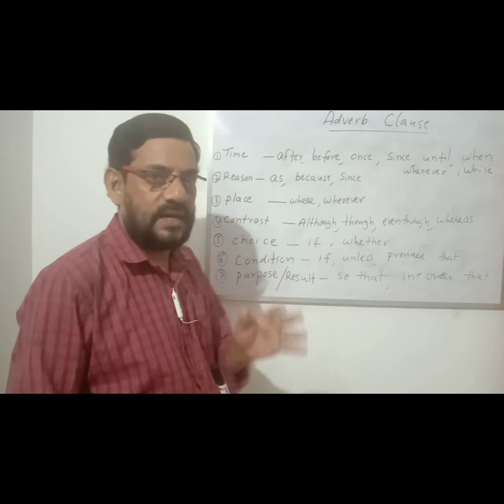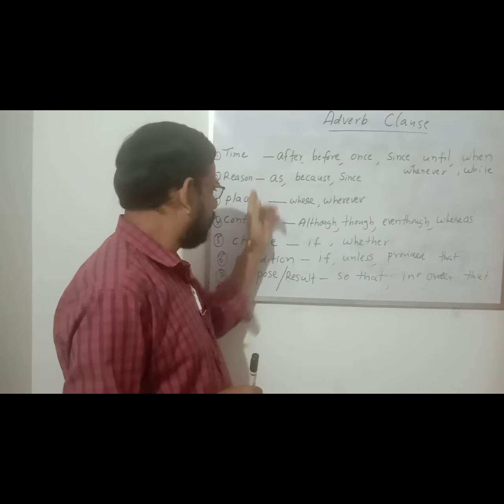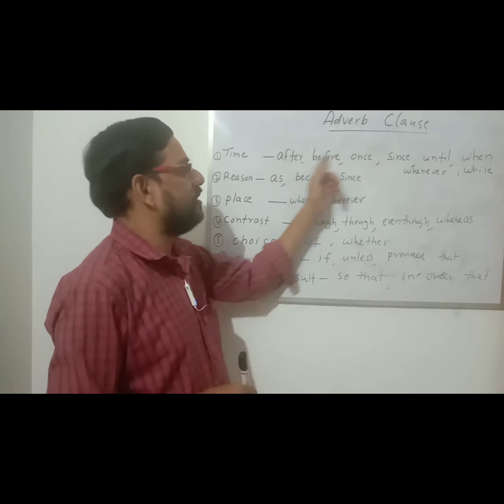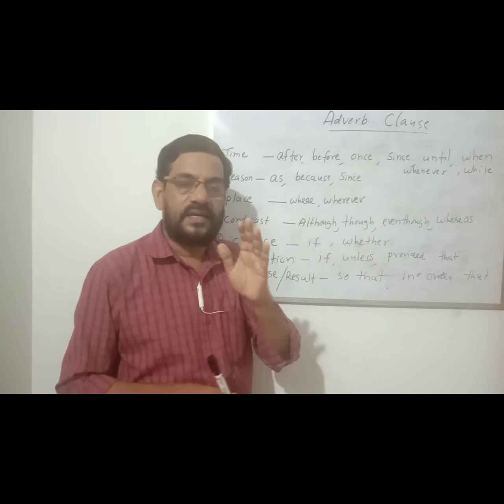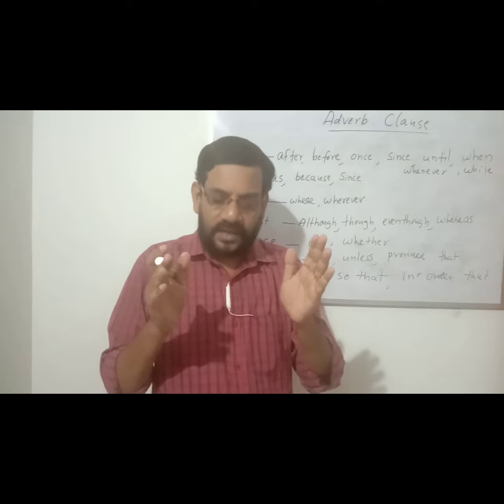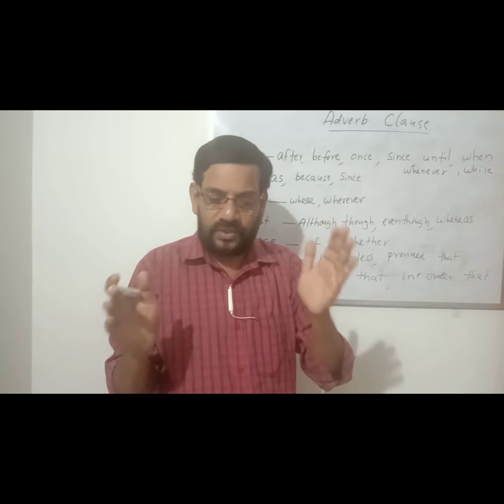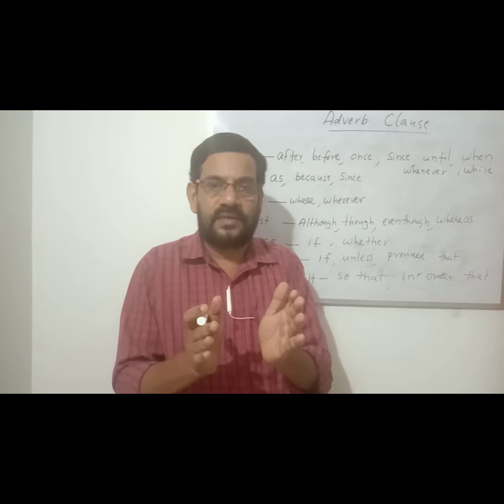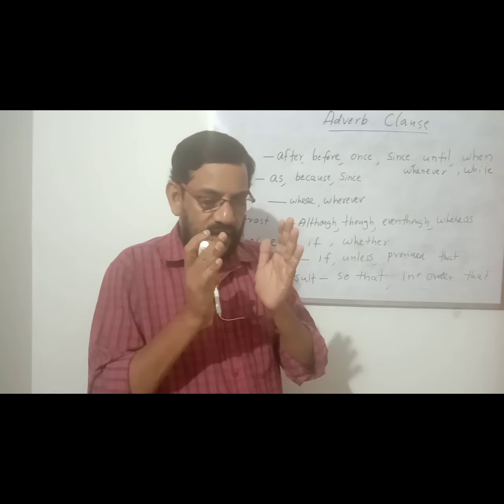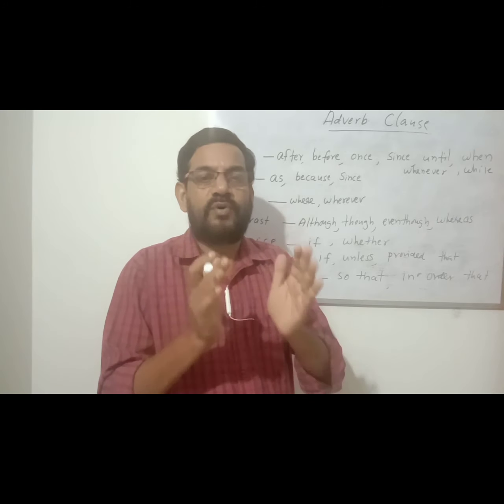We can make any type according to the mode. According to the mode, we have to use the subordinating conjunctions. Two clauses will be there in a sentence and we have to connect the clauses using appropriate subordinating conjunctions.